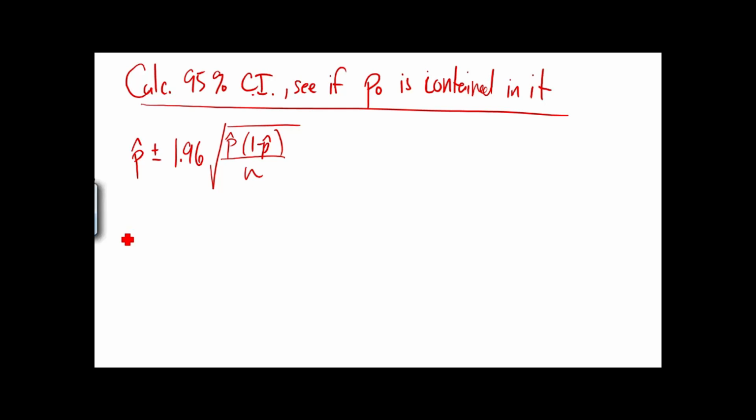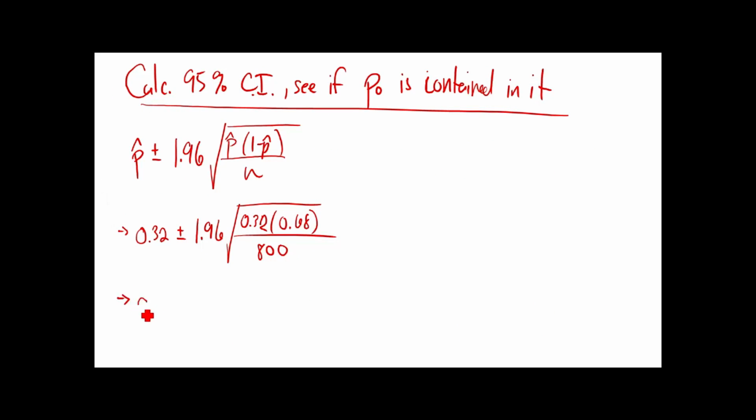So in our sample, our p-hat was 32%, plus or minus 1.96 times the square root of 0.32 times 0.68, all over n. How many adults was it? 800. Okay? So what do you get?